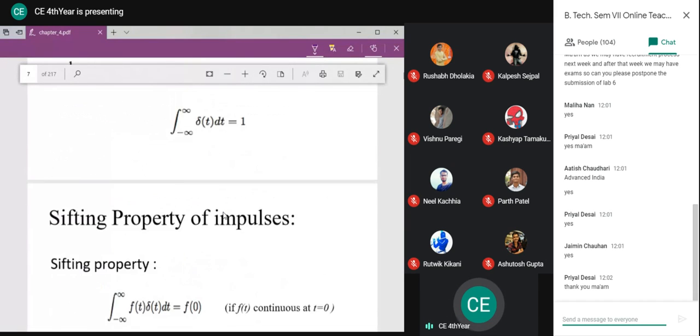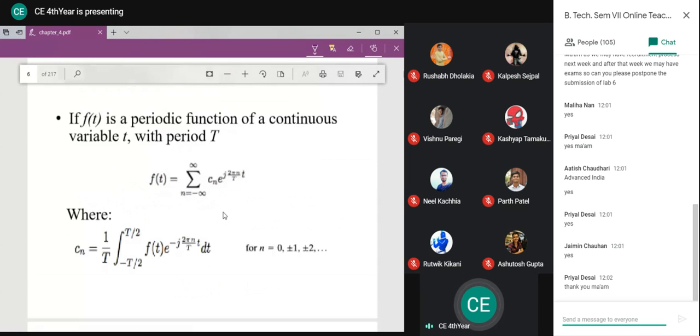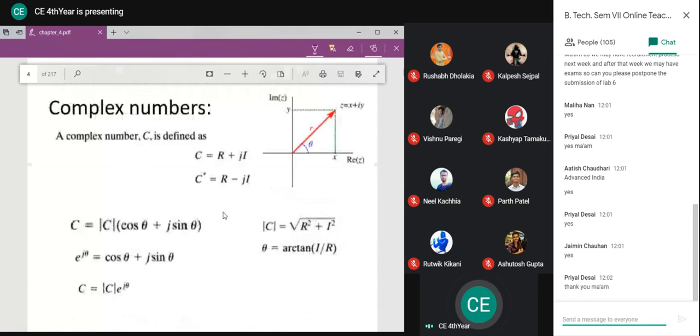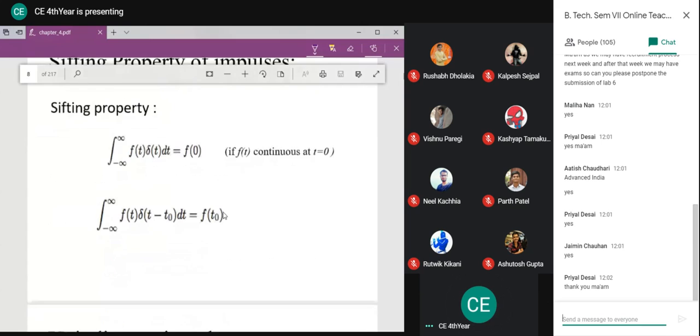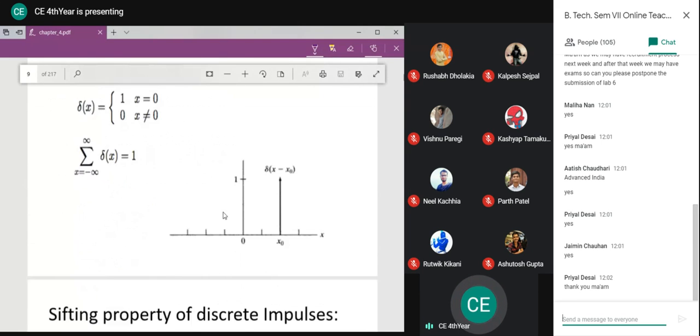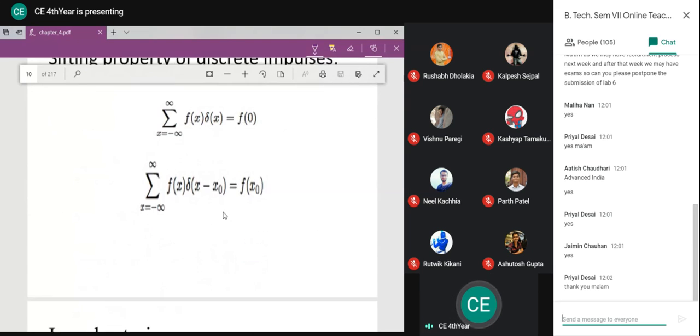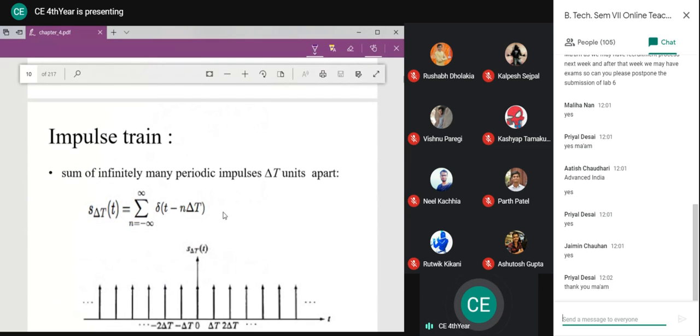So what was my point? My point was that if I want to find out the Fourier transform of cos omega 0 t, cos omega 0 t means that it is existing at omega 0 frequency.